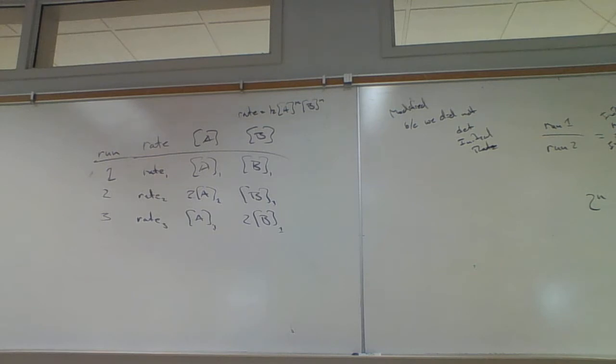So if it's 0 order and first order, then K prime is equal to the negative of the slope, or the absolute value. If it's second order, then K prime is equal to the slope, not the negative of the slope. It's the slope. So once we get that information, then we get N.